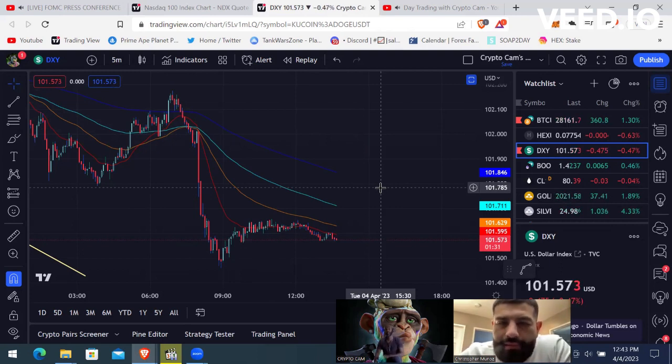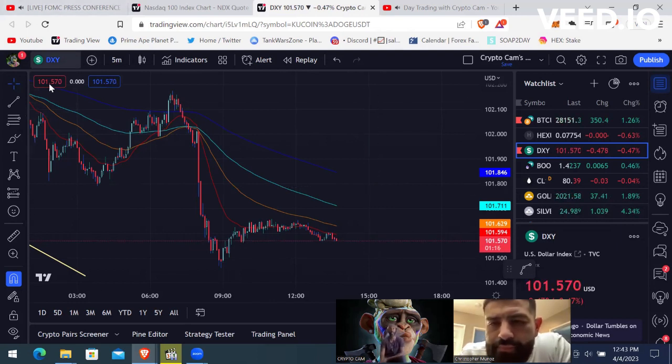When the dollar index goes up, 70% of the time Bitcoin goes down, right? So it's just a hedge to help you figure out if you're in the right trade at the right time, right? So I always want to look at the dollar index.